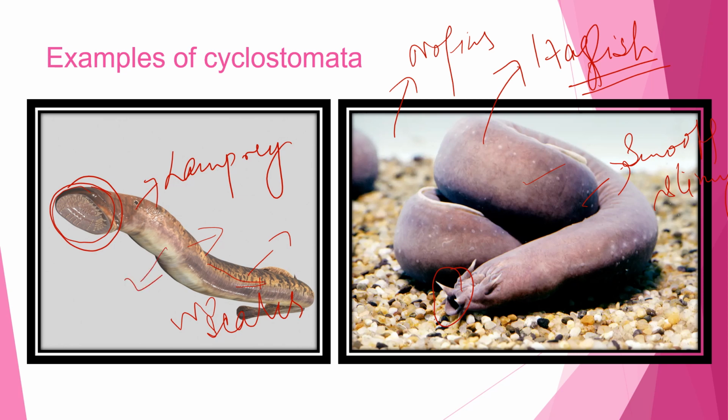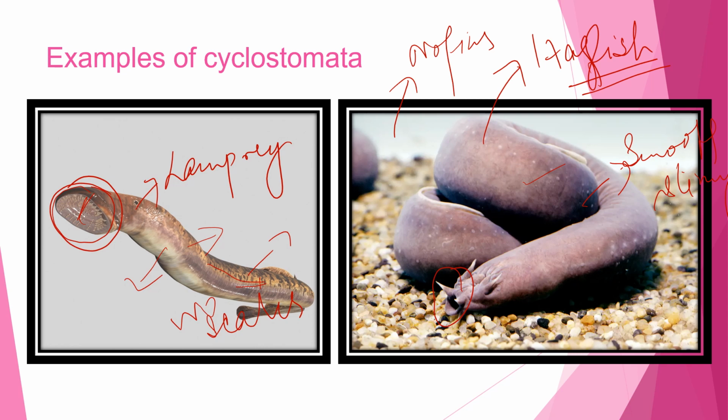The exoskeleton in the skin is absent. They are ectoparasites or borers, because with this mouth they suck their nutrition.